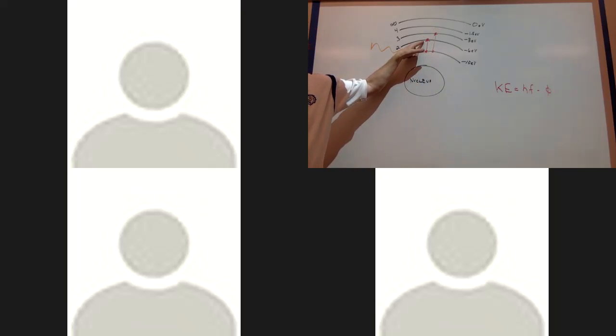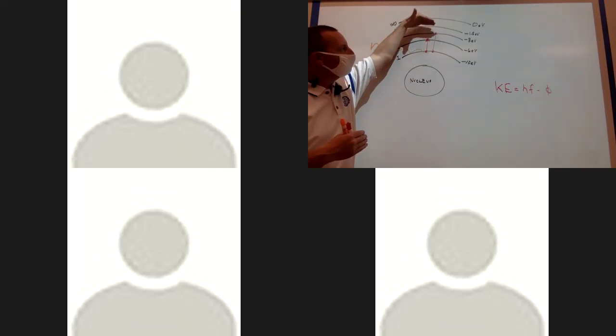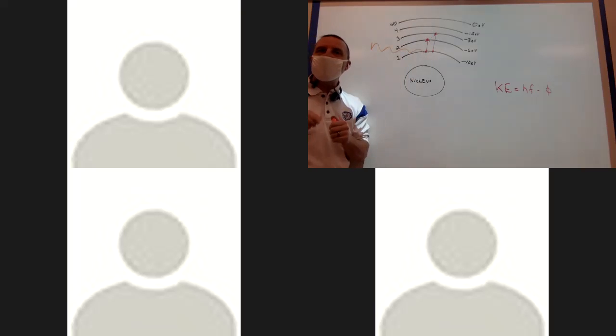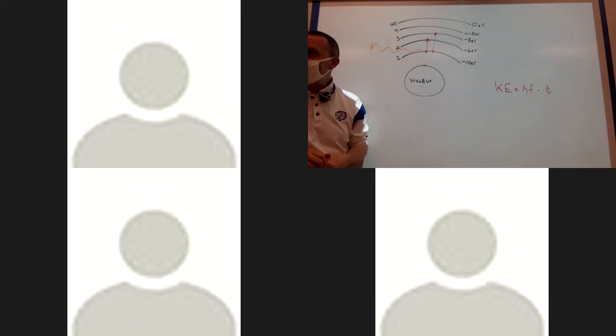But what happens is nothing actually ends up happening. The electron does not move energy levels unless the incoming photon can pass on the exact amount of energy it needs. So this incoming photon, if it had 5, would not move the electron.